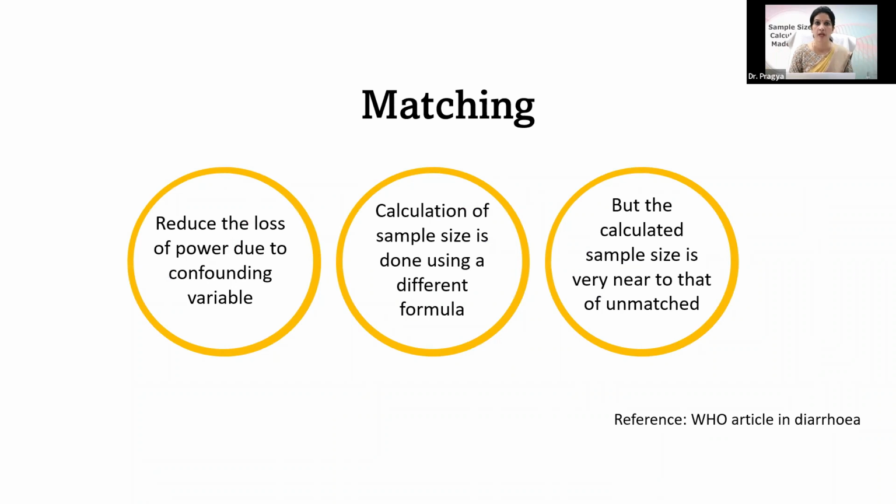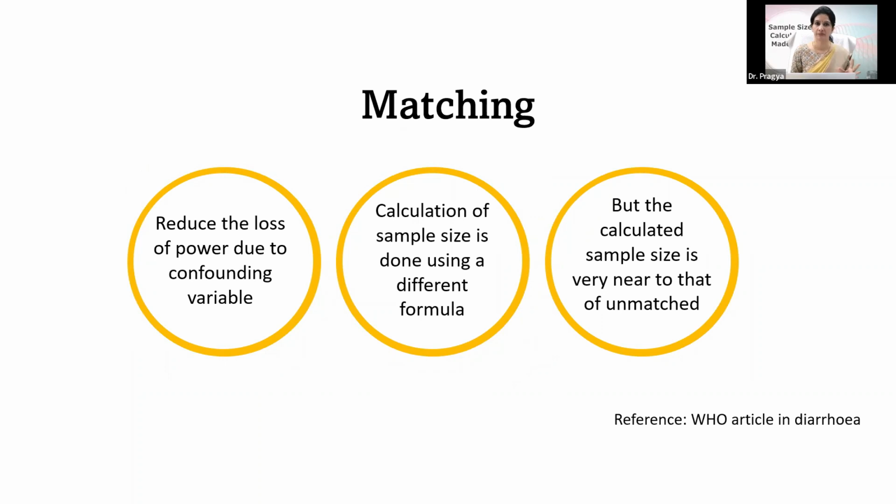Because of matching, we avoid the loss of power due to the confounding variables. The calculation of sample size in a matched case control study is done using a different formula, but it is very similar to the unmatched case control study.